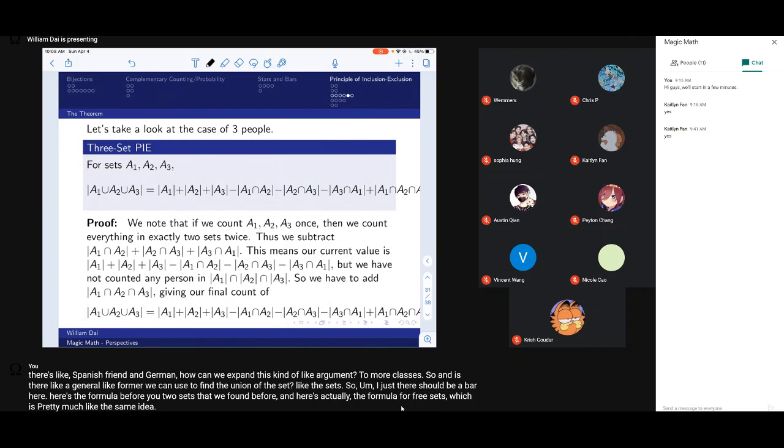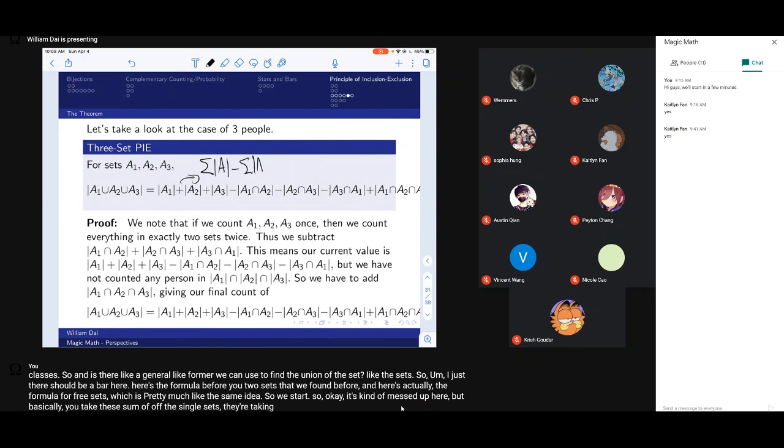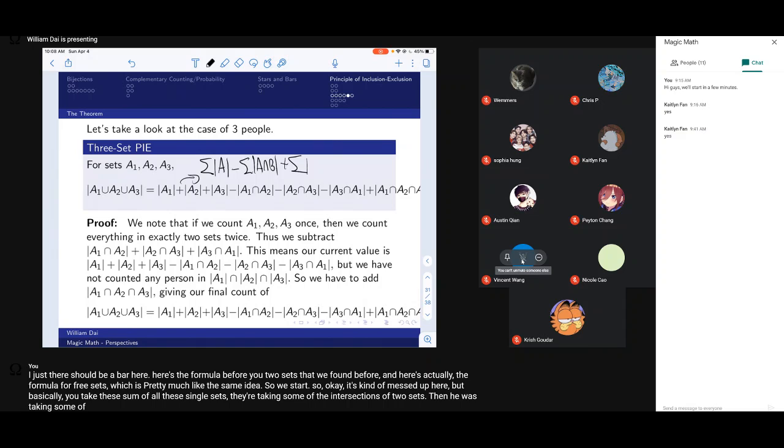So we start. Okay, it's kind of messed up here, but basically you take the sum of all of the single sets, then you take the sum of all of the intersections of two sets, then you take the sum of the intersections of three sets.